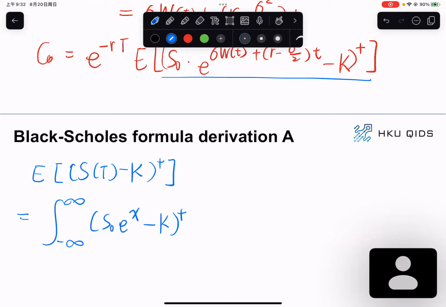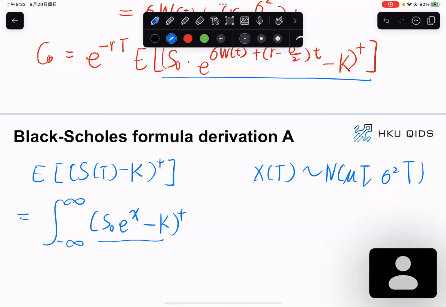And what's the density function? This is basically the value of itself. And what is the density function of the x? We recall that xt actually follows what? Follows normal with mean mu t and variance sigma square t, right? So we can have the density function, which is just the normal distribution function, 1 over the square root of 2 pi sigma square t, right?